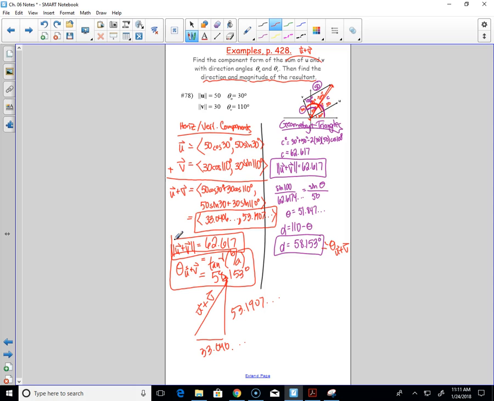Very good. What made all the difference? Breaking vectors into their what first? Components. So if I use the formula magnitude cosine angle, magnitude sine angle, those are the components.